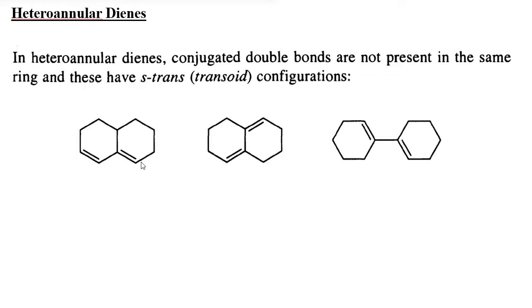The double bonds are present in two different rings, and they are in S-transoid conformation, which means the double bonds are on opposite sides of the carbon-carbon single bond. These are transoid configurations, heteroannular dienes.